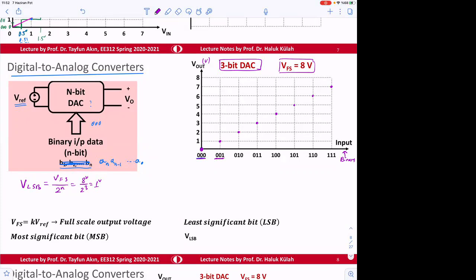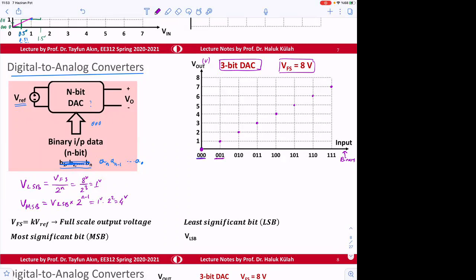Okay, so what is the voltage of the most significant bit? This time it is V LSB times 2 to the power n minus 1. For this case, it's going to be 1 volt times 2 to the power 2, which is 4 volts.